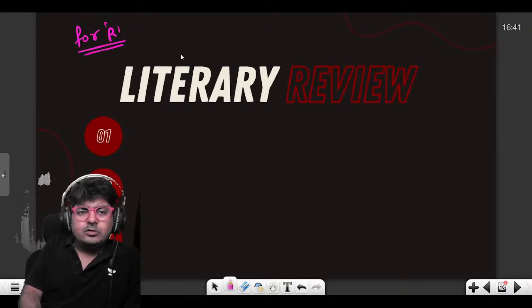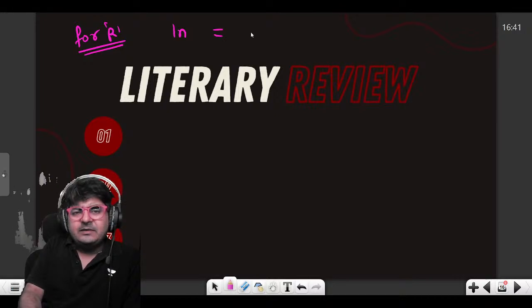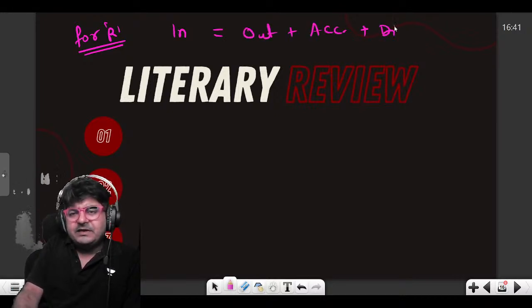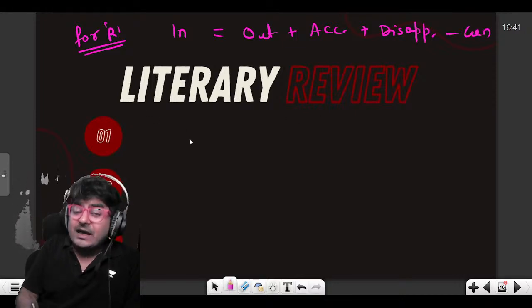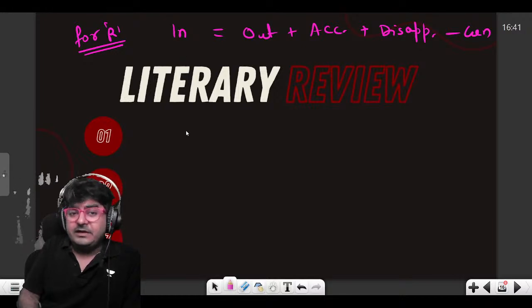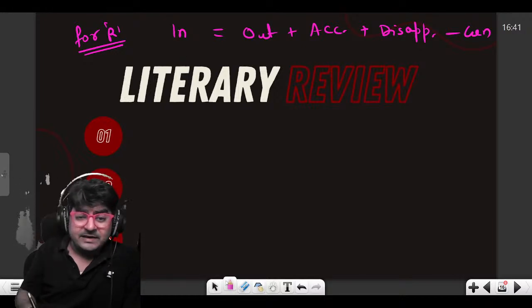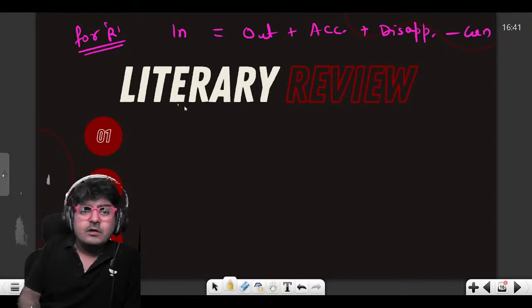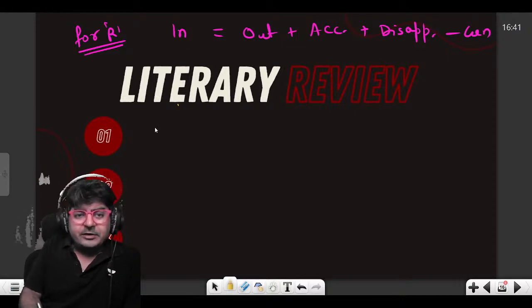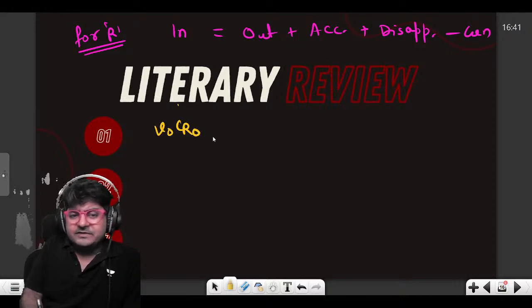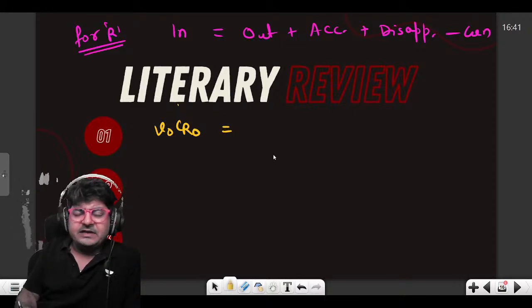You know the general mole balance equation. It is something like input is equal to output plus accumulation plus disappearance minus generation. R के लिए लिखना है तो मोलर रेट ऑफ R इन. अब यहाँ समझना, दो तरह से हम मोल बैलेंस लिख सकते हैं, मैं आपको पहले ही क्लियर कर रहा हूँ. फर्स्ट, molar rate of R in V naught into CR naught, which is 0 in the given case.